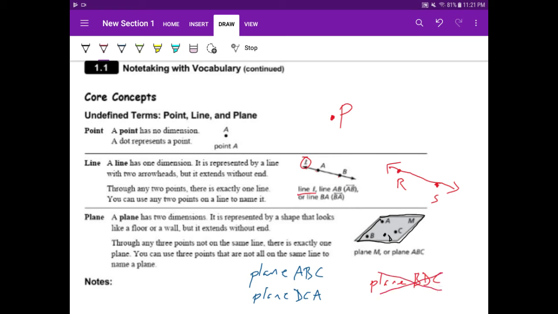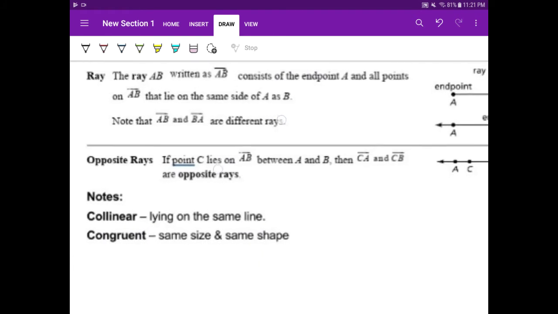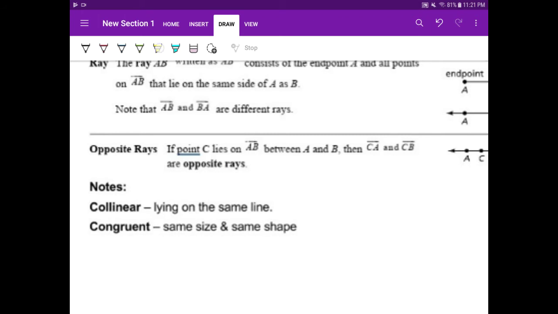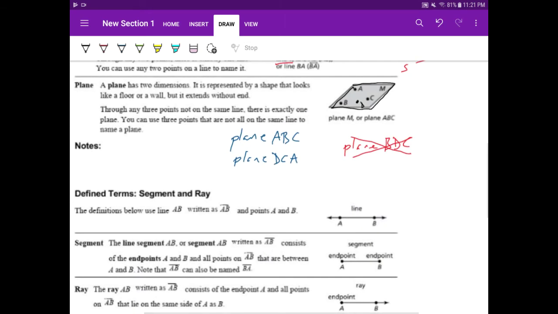You cannot do that. The 3 points you pick for these cannot be collinear. That's down here. So collinear means lying on the same line. So when you're naming a plane, the 3 points cannot be collinear. I'll write that on here so you have it. Not collinear.